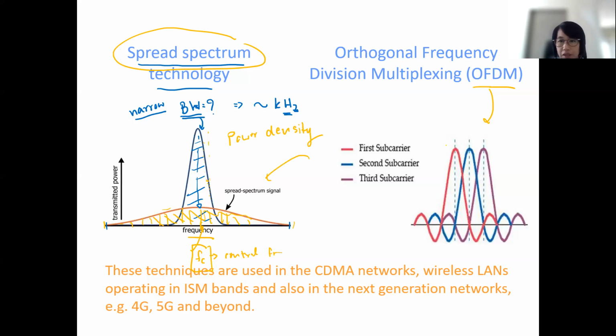But this figure represents multiple carriers. Okay, the red one is called the first subcarrier. The blue one is the second subcarrier, and the third one is the third subcarrier. This makes the spectrum wider also, and it combats the multipath and interference environment also. Okay, we will study this later on after the midterm exam.